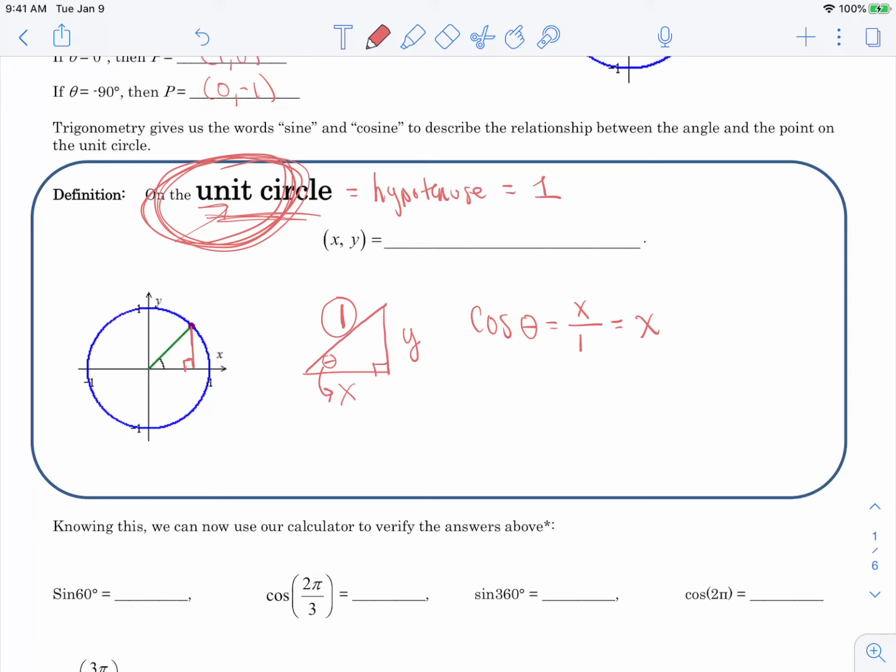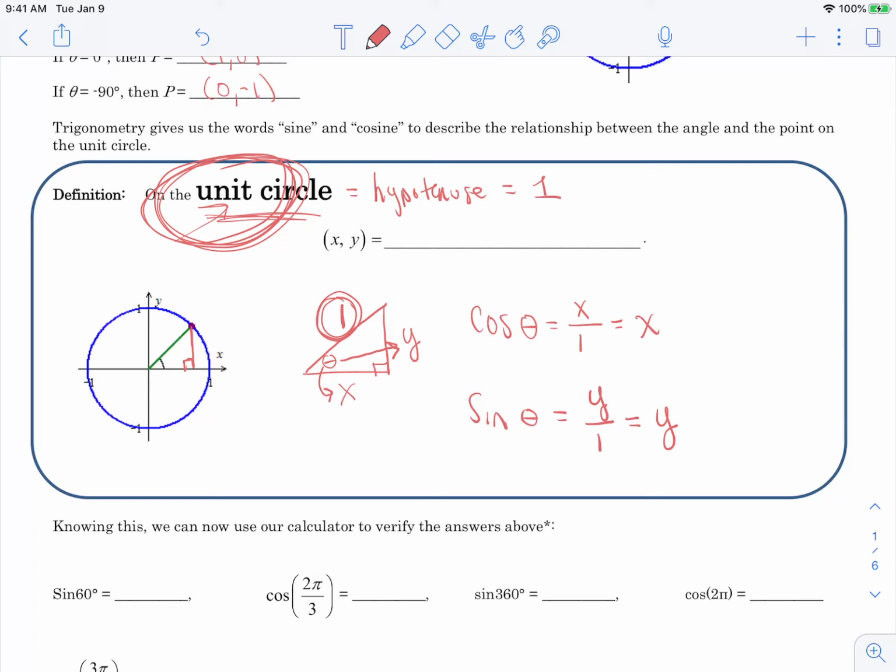Now I'm going to try to find y. Well, y is opposite of theta, and I'm given the hypotenuse. So ask yourself, what definition dealt with opposite and hypotenuse? That's sine of theta equals opposite over hypotenuse. Anything divided by 1 is just itself.